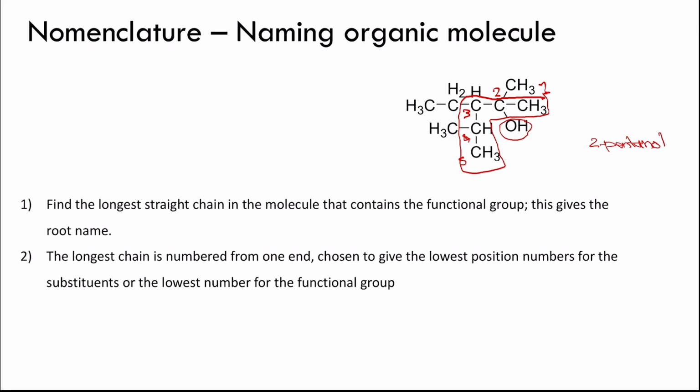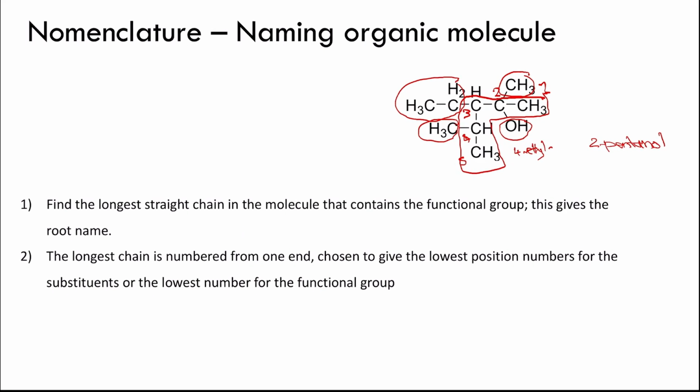Then we need to look at the different substituents. We have an ethyl group on carbon number 3, and two methyl groups on carbon number 2 and carbon number 4. So following the same rule, we need to start off with the ethyl, because we need to arrange them in alphabetical order.